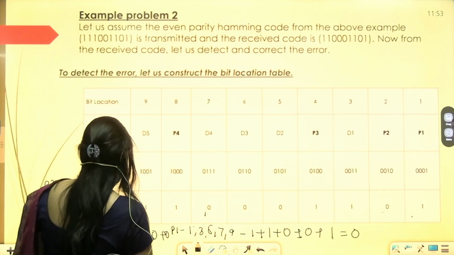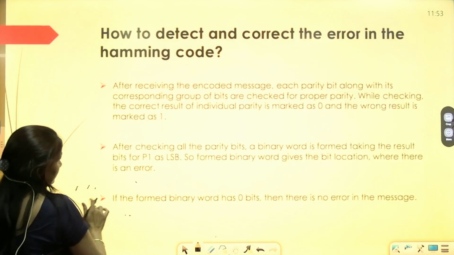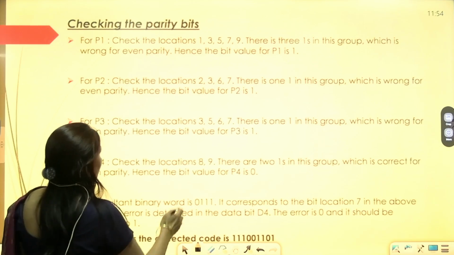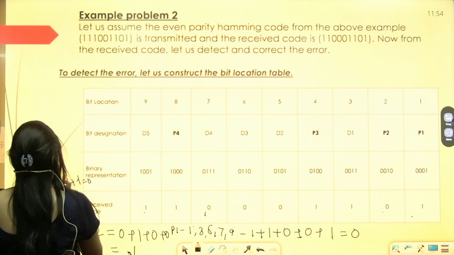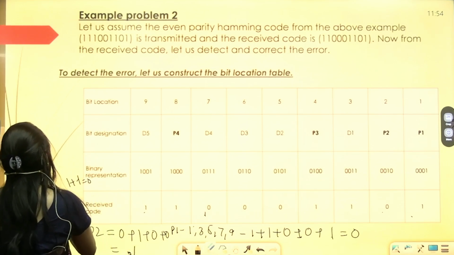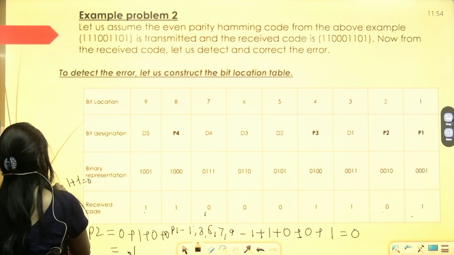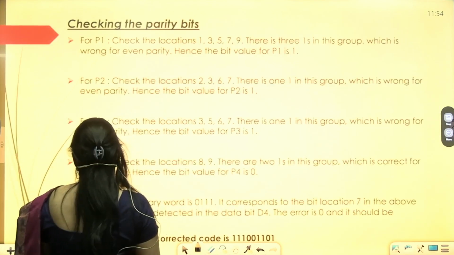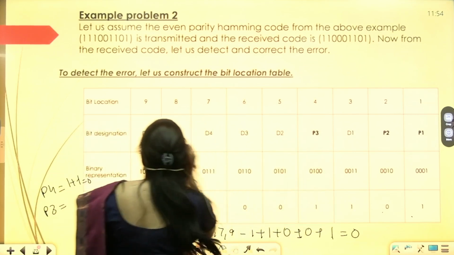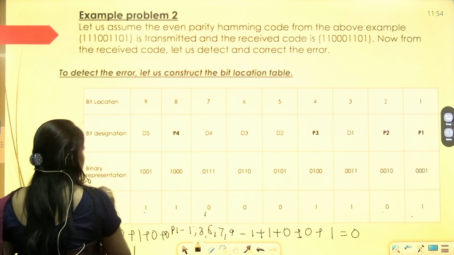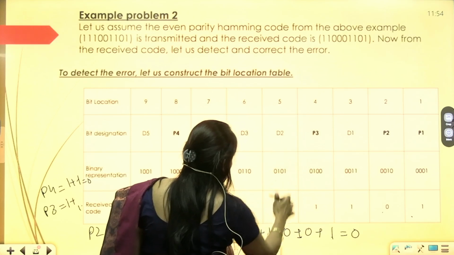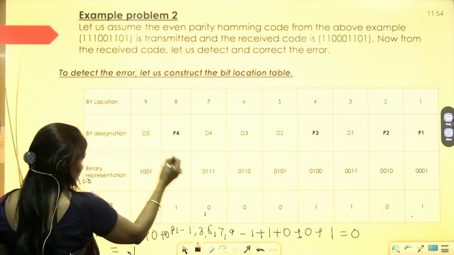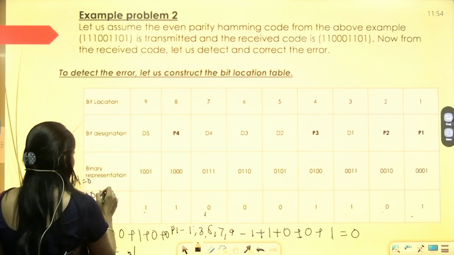Last one: P4 covers 3, 5, 6, 7. The value of 3 is 1, plus 5, 0, 6, 0, and 7; 6 and 7 are 0.